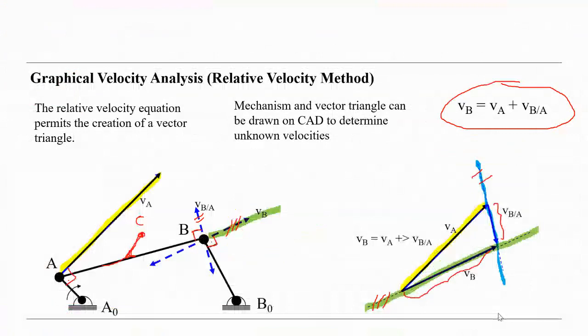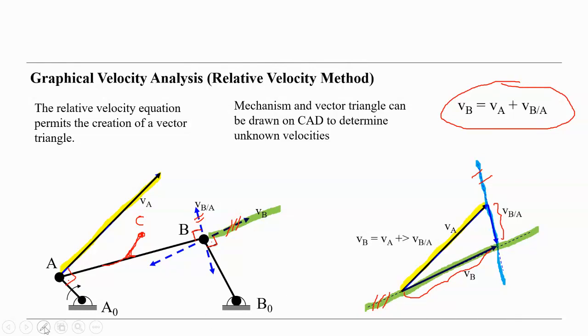So we started to discuss the topic of velocity, and in our last lessons, we were on that point. We were talking about the graphical velocity analysis or relative velocity method.